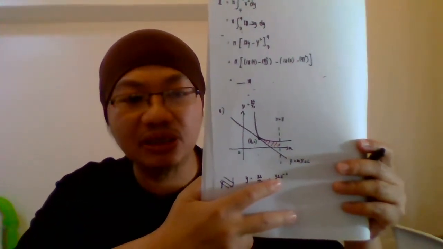Then you just do the normal differentiation. Negative 2 you need to bring down, so it becomes 32 times negative 2, negative 64, and the power is negative 2 minus 1, negative 3.